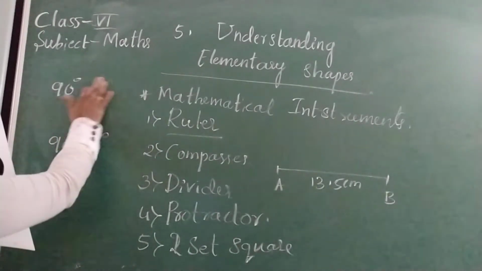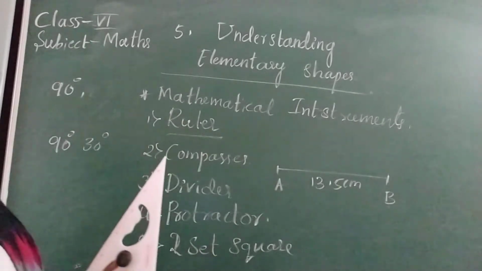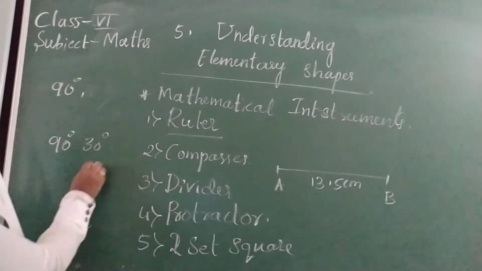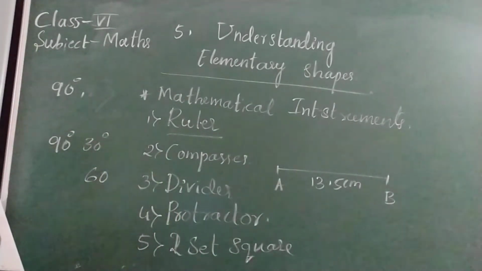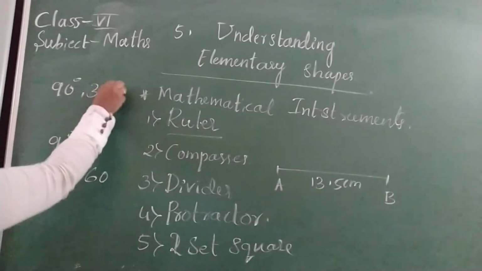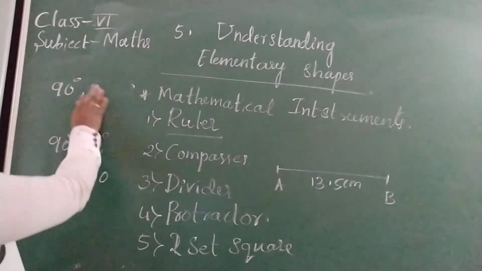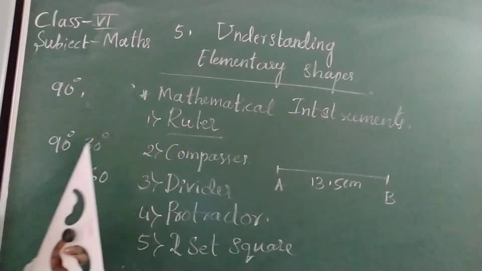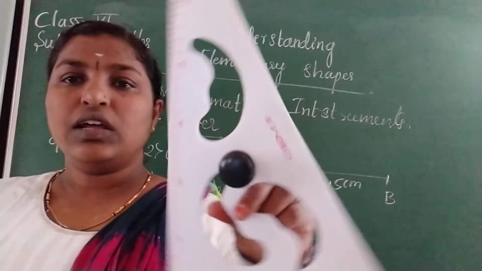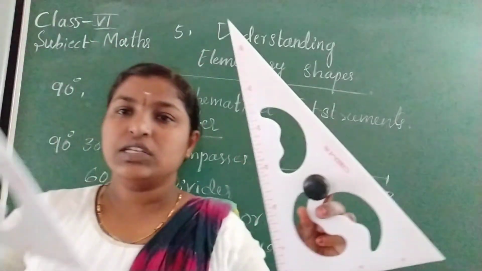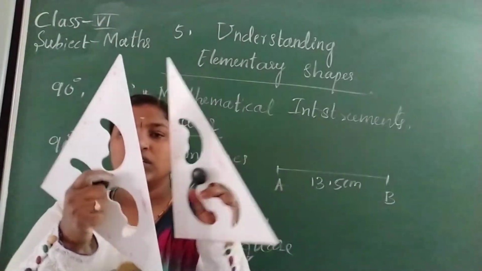Sorry, this is 30. This is 60. This is 30. 45. I think I will clarify about the degrees. So these are the set squares. This is two set squares.